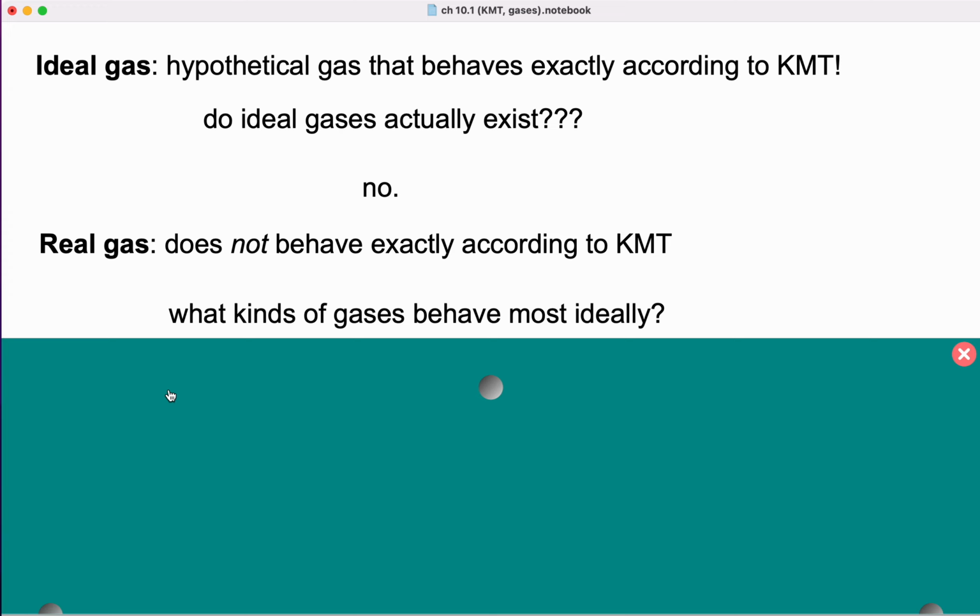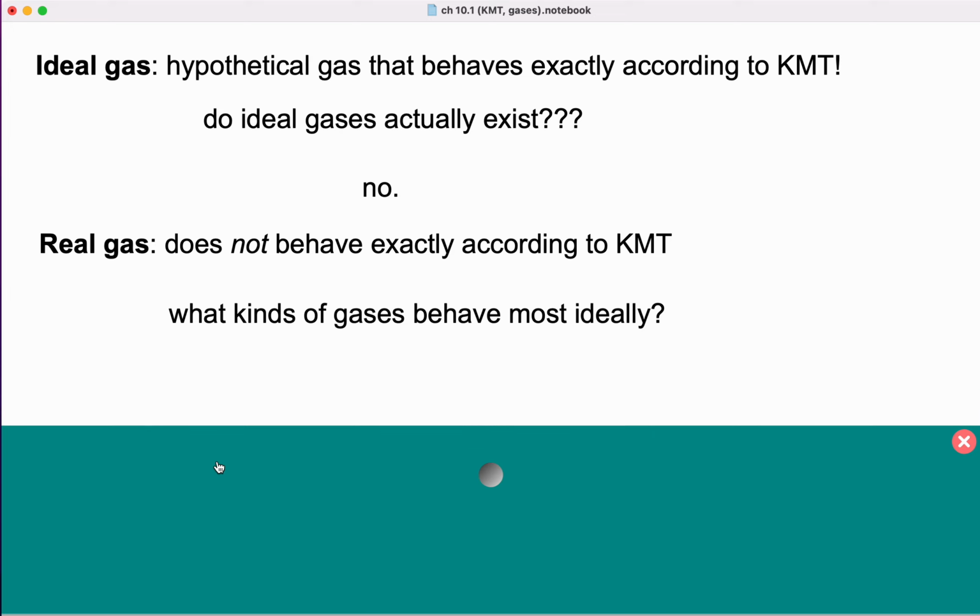So, thinking about the parts of the kinetic molecular theory, can you predict what kinds of gases would behave most ideally? Well, obviously, they would be gases that are made up of very small particles that have very, very weak interparticle attractive forces, which I'll abbreviate as IPAFs, okay?